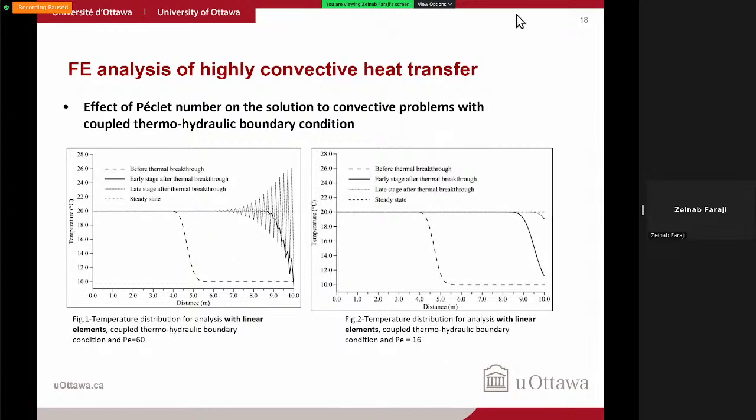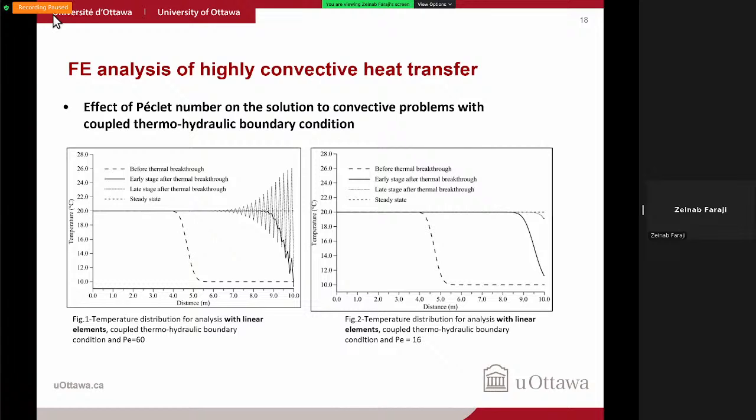These figures show the temperature distribution along the soil bar at different stages of the simulation with linear elements. Before thermal breakthrough, no oscillations were observed with both coarse and fine mesh.